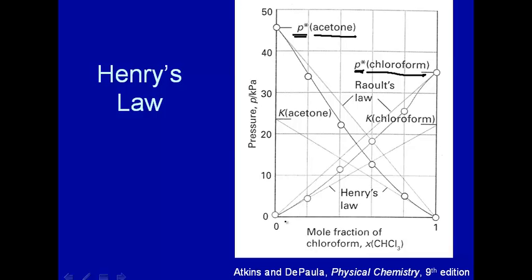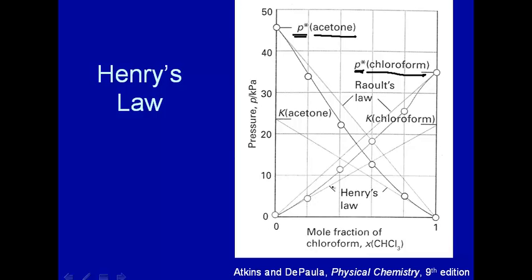Let's look at low concentration of chloroform, where we're considering chloroform as the solute. What you find is that at low enough concentration, you get a linear function starting at 0, which means that the vapor pressure of that component above the solution is proportional to the mole fraction in the solution. That's just Henry's law.